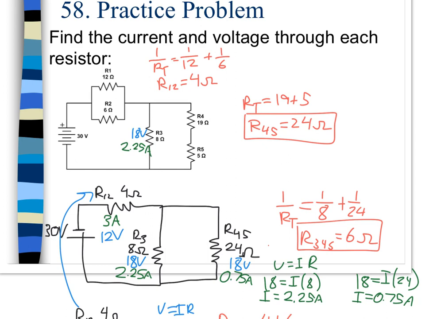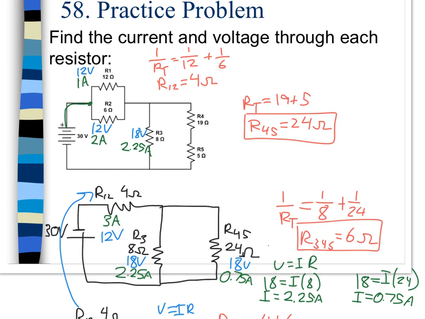Since they were combined in parallel, they each get that full voltage of the circuit. So this one is going to get 12 volts, and this one is also going to get 12 volts. And then we can solve for our current using Ohm's law. So when we solve, we find that this one is 1 amp, 12 equals I times 12, and this one is going to be 12 equals I times 6, which means this one gets 2 amps, which makes sense because that 3 amps leaving the circuit splits into 1 and 2.